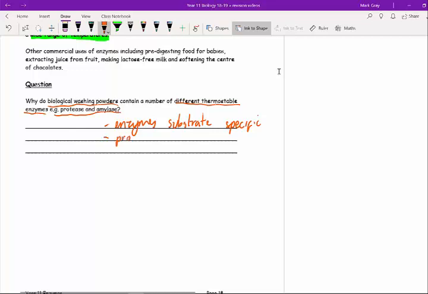So protease breaks down proteins, amylase breaks down starch, and usually food stains are mixes of different substances.